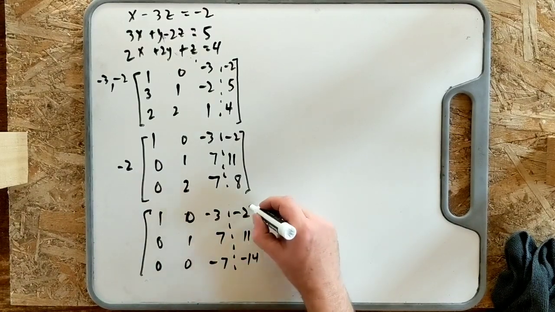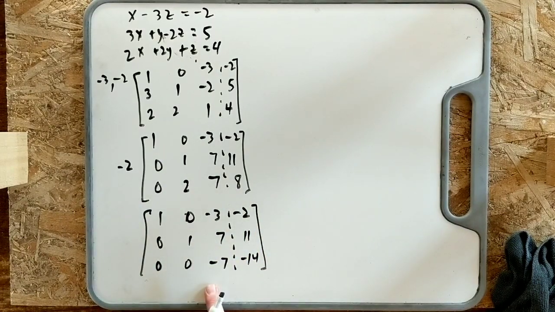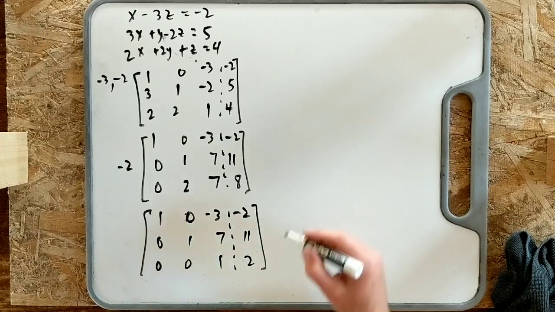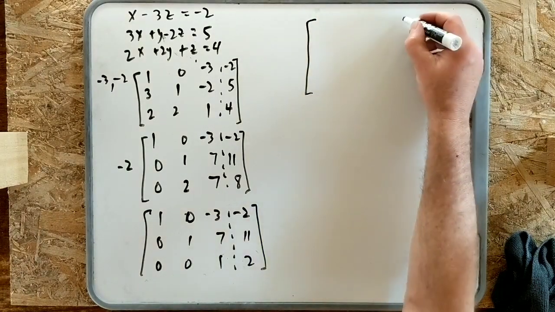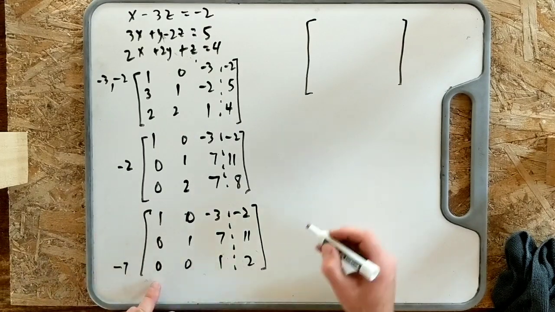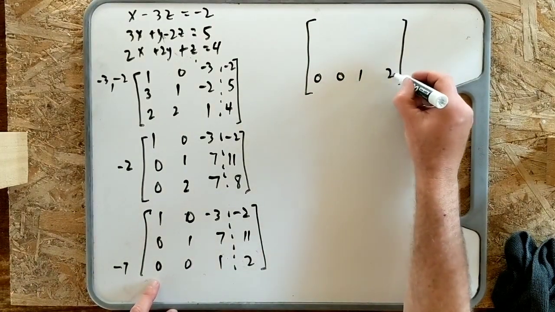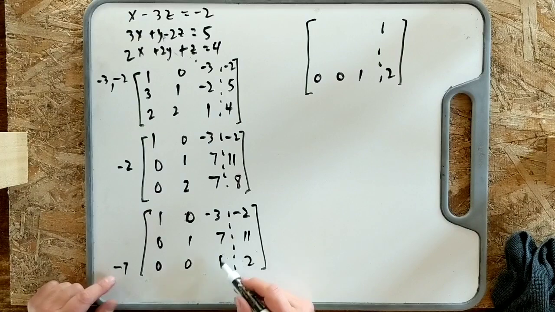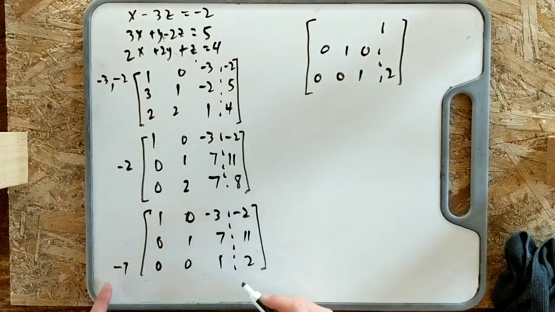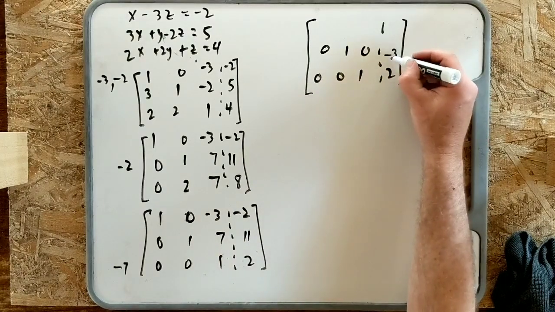That looks good. This is -7z is -14, which is z is 2. Like that. Okay, now we're going to get rid of the 7. So multiply by -7. 0, 0, 1, 2 stays the same. -7 plus 7 is 0. That's 1. That's 0. -14 plus 11 is -3.